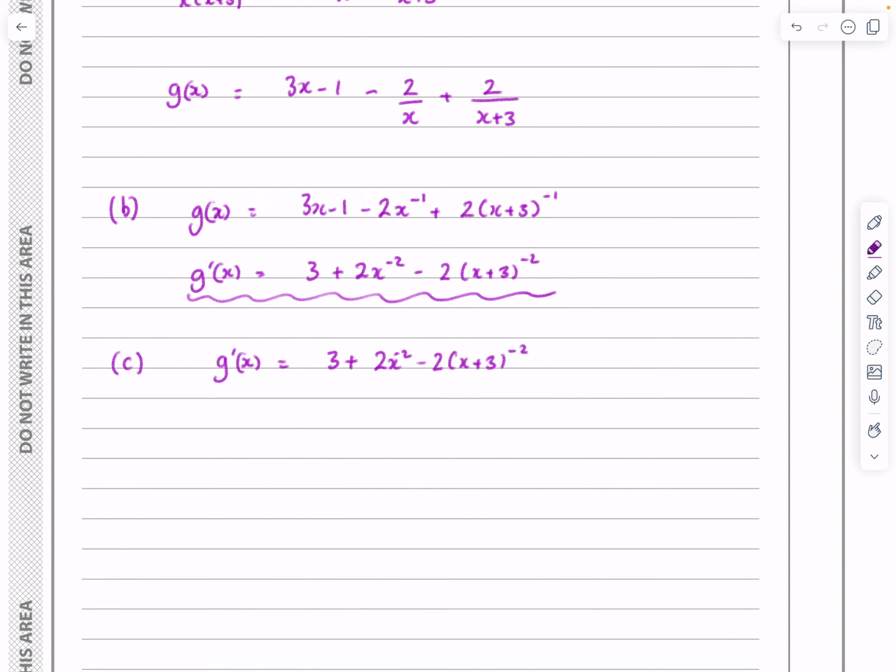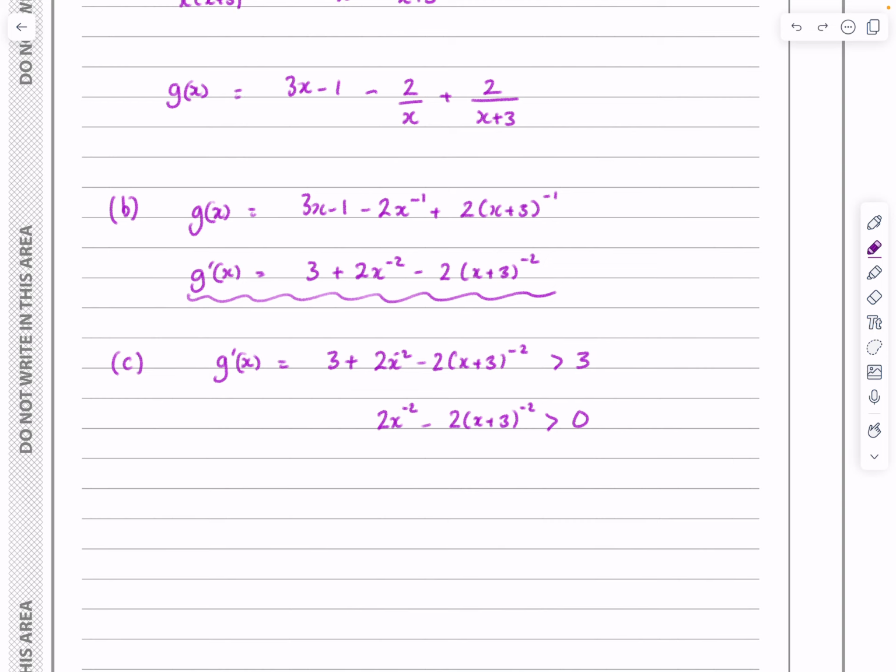But if we're saying that this is greater than 3, then what we're actually saying is that the 2x to the minus 2 over (x plus 3) to the minus 2, we're saying that that has to be greater than 0 then, don't we? They can just cancel out here, okay?